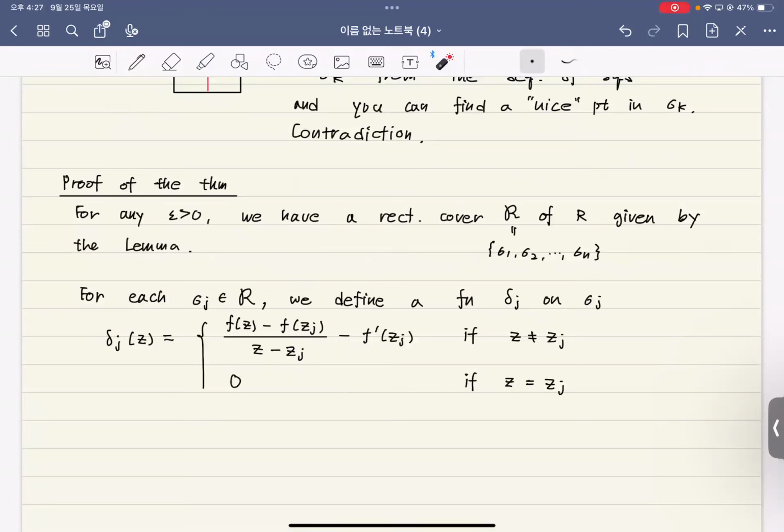I want to claim that this function delta j is continuous on the entire square sigma j. Why is that?